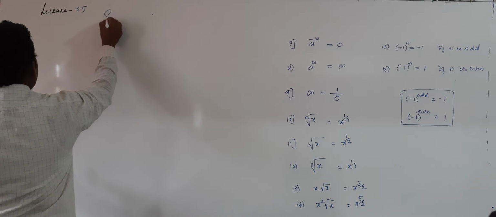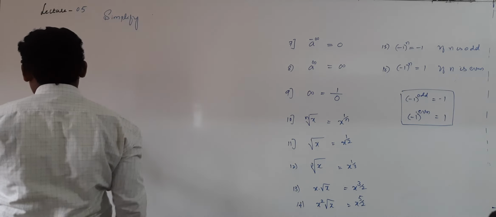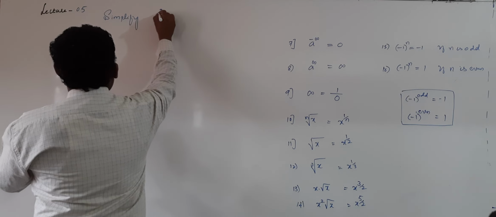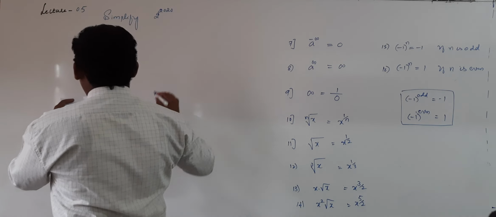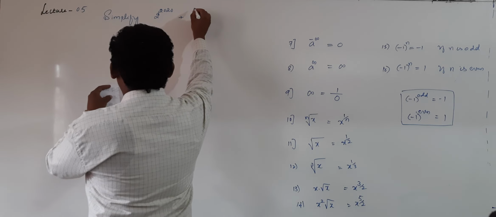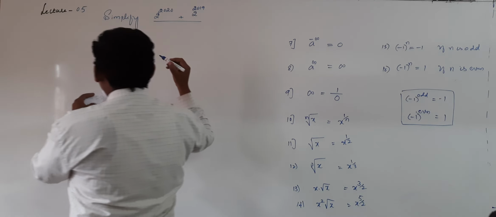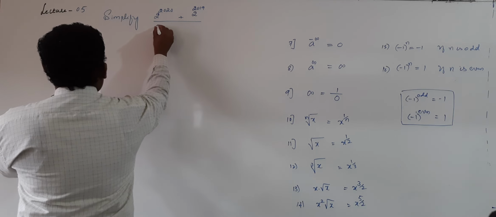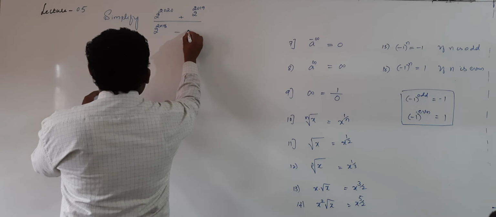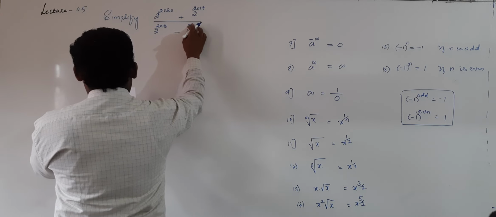Simplify 2 power 2020 plus 2 power 2019, whole thing divided by 2 power 2018 minus 2 power 2016.